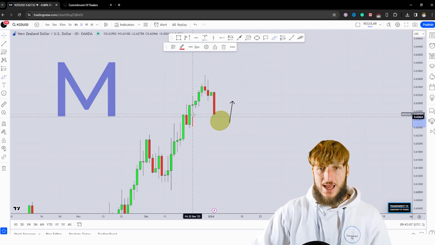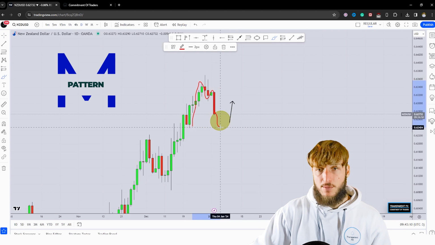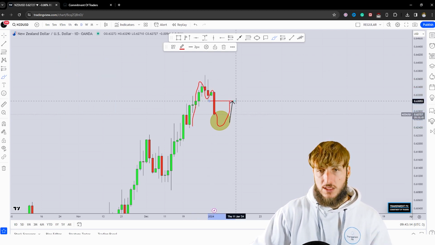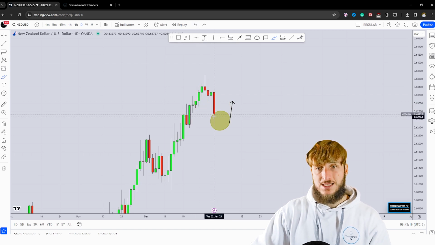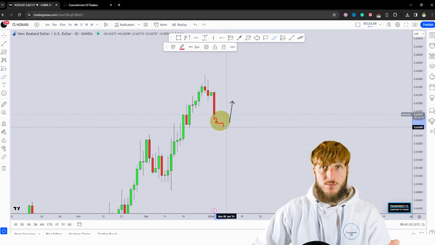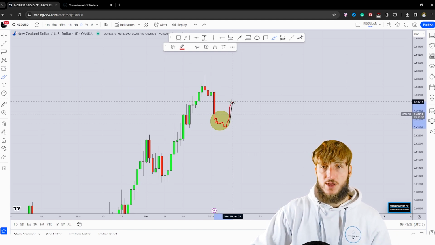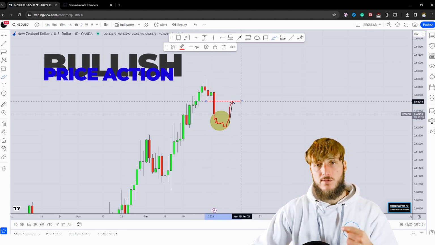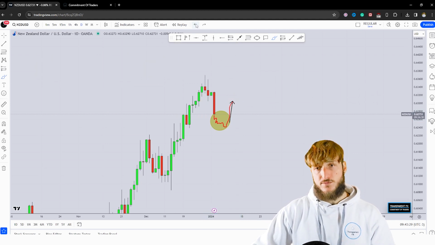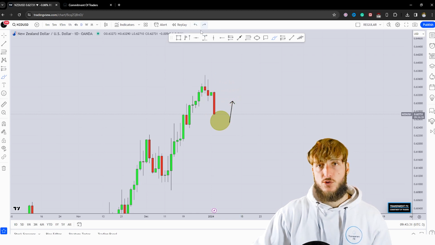This means that this M pattern that the market has created from a daily perspective definitely has a good probability of getting completed. So we could expect more institutional longing to be happening inside of this support zone that at that point would increase the probabilities of a potential rejection to the upside for the completion of this M pattern at the neckline. So what I would expect in a situation like this?